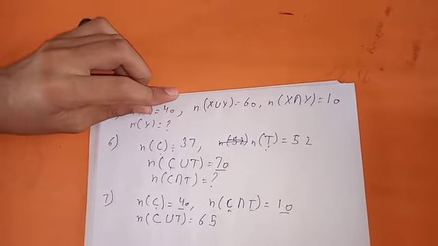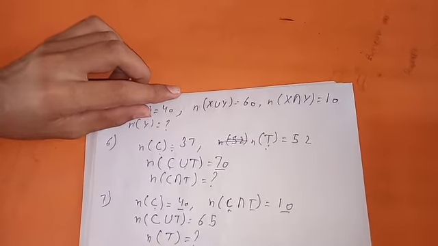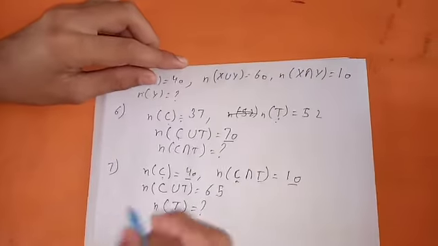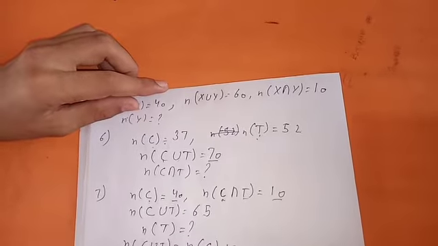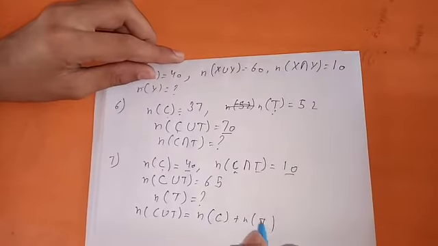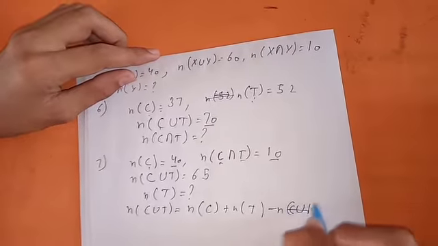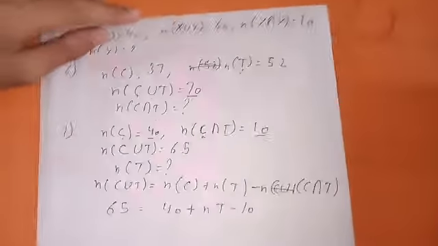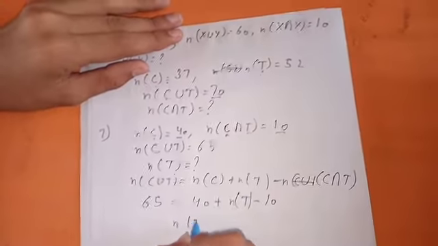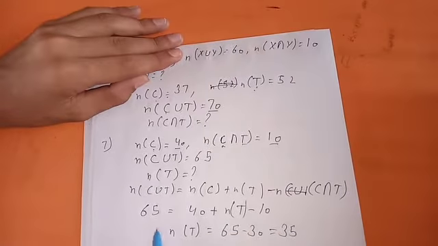The first thing we have to find is n of T. We can find n of T by using our formula: n of C union T is equal to n of C plus n of T minus n of C intersection T. It is given as 65, n of C is 40, plus n of T, minus 10, so n of T becomes 65 minus 30, that becomes 35.